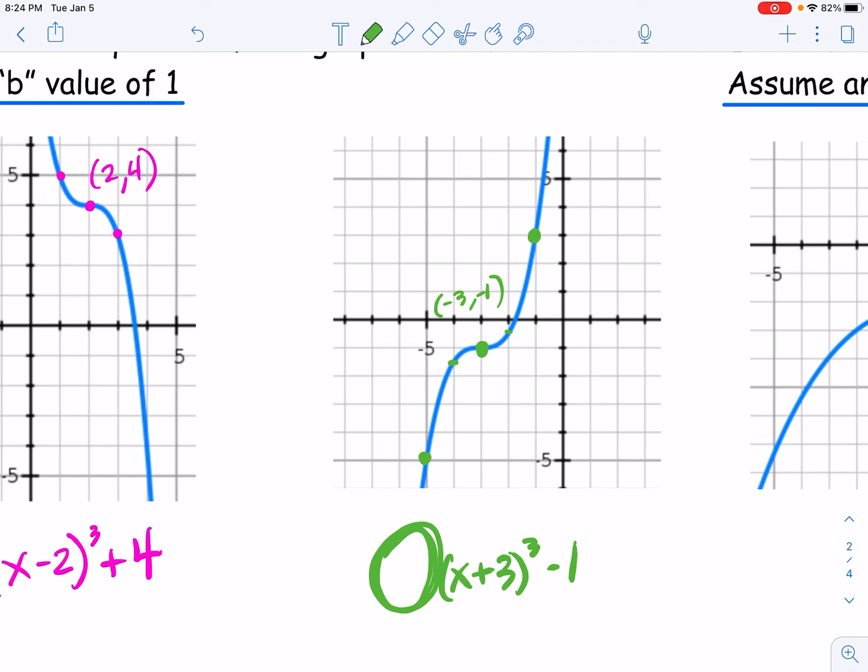Well, that makes me happy because what's half of 1? Half. And what's half of 8? 4. So this means that this graph has been vertically compressed by a half. Right 1, up a half, right 2, up 4, left 1, down a half, left 2, down 4. It all matches up. The directions are good, the numbers are good, so this has to be our equation.